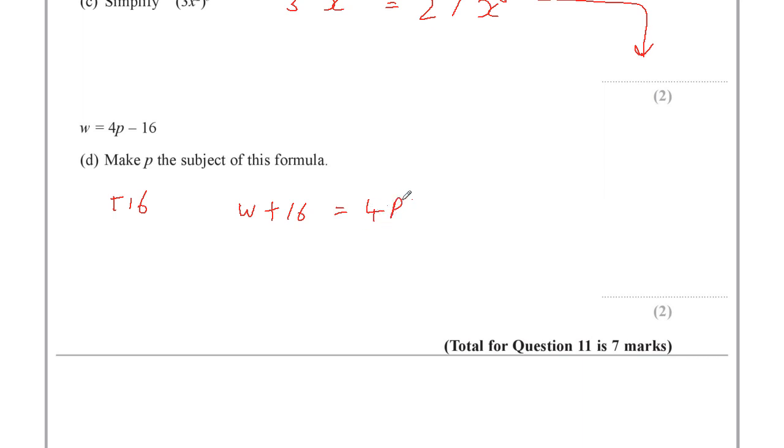And this 4 is multiplying the p, so we divide by 4. W plus 16 divided by 4. I think we can leave it at this. We don't need to break that fraction up. I'm going to pop that in there. Finished.